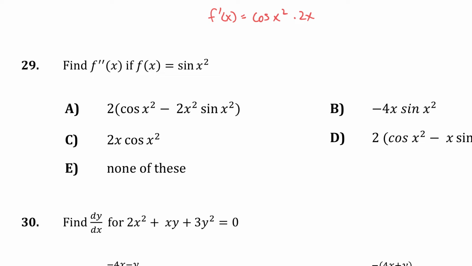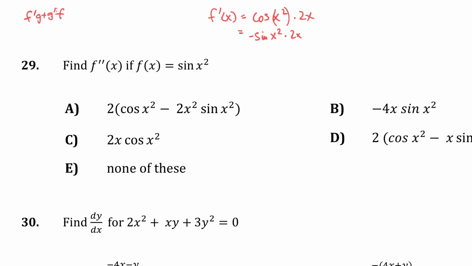And so this is going to be the old f prime g plus g prime f. F prime, that's going to be what? Derivative of cosine is negative sine of x squared times the derivative of that inside right there, which is 2x.